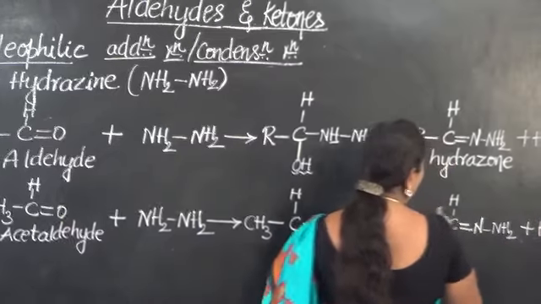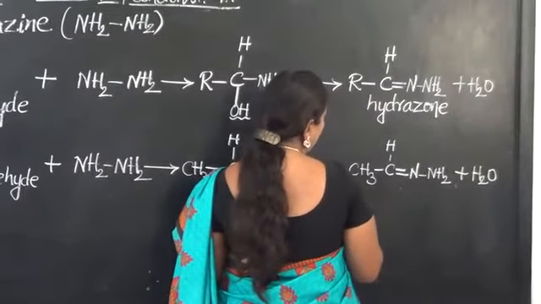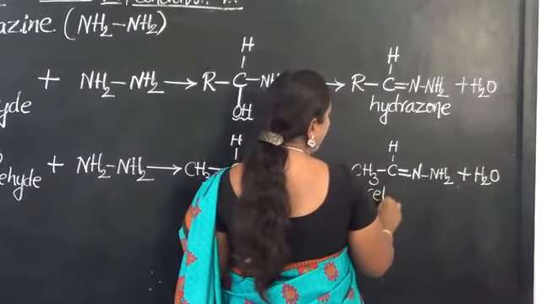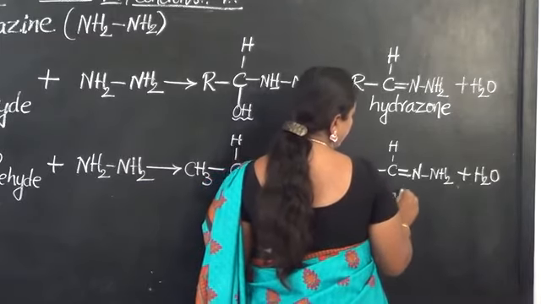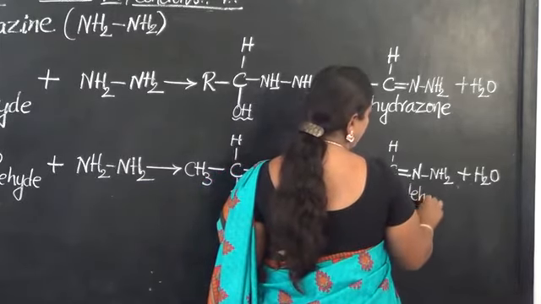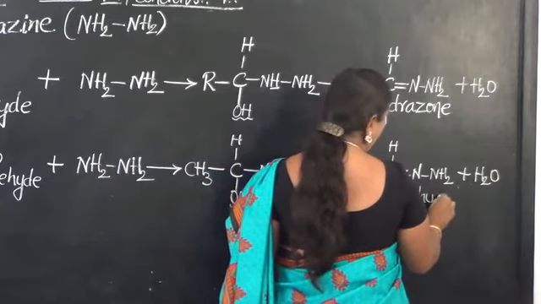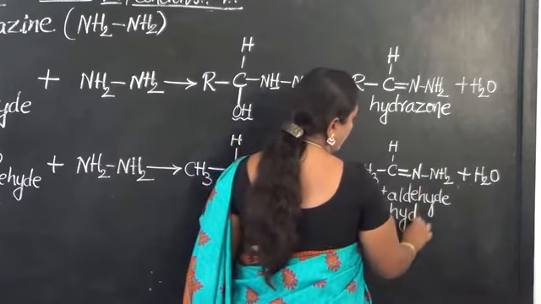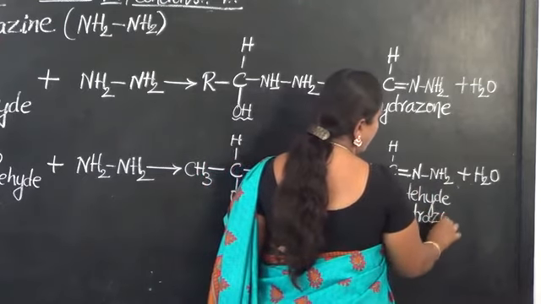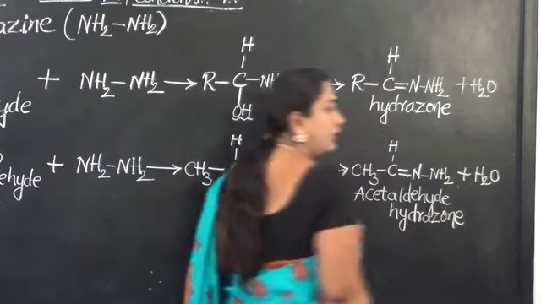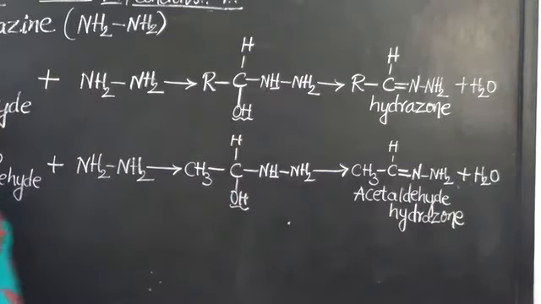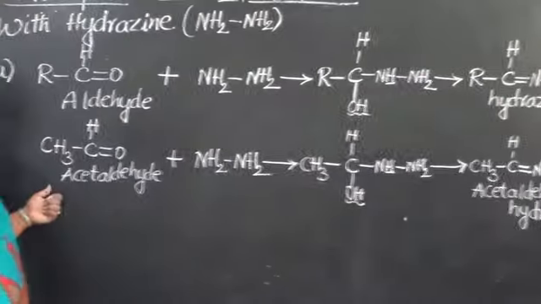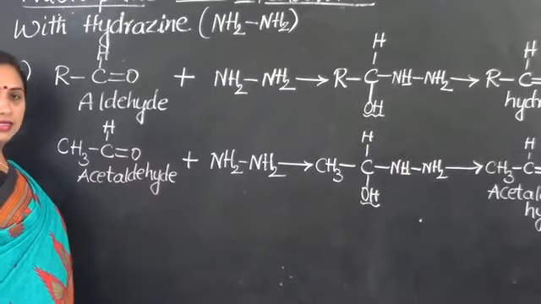So now the name of this compound is acetaldehyde hydrazone. Acetaldehyde hydrazone. So hydrazine will become hydrazone. This is how aldehyde will react with hydrazine.